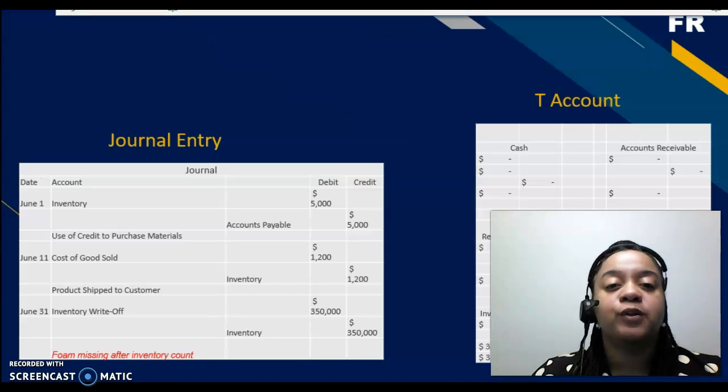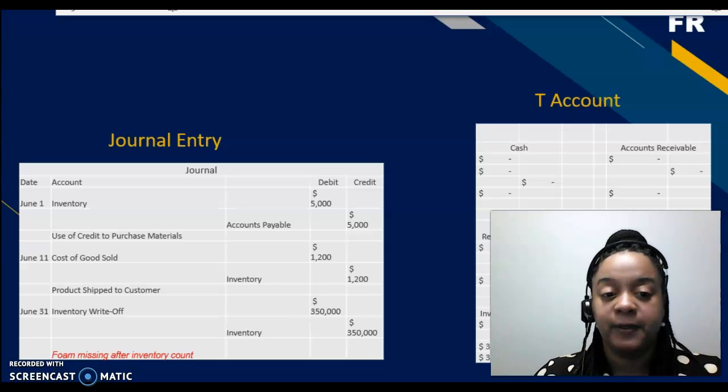Now, the cost of goods sold includes all the costs and expenses related to the production of goods. We use the journal to capture the costs associated with materials purchased and to record the other financial transactions of the company.